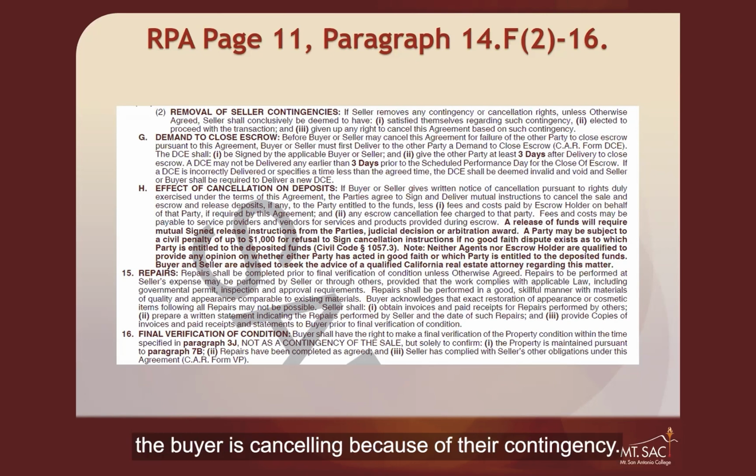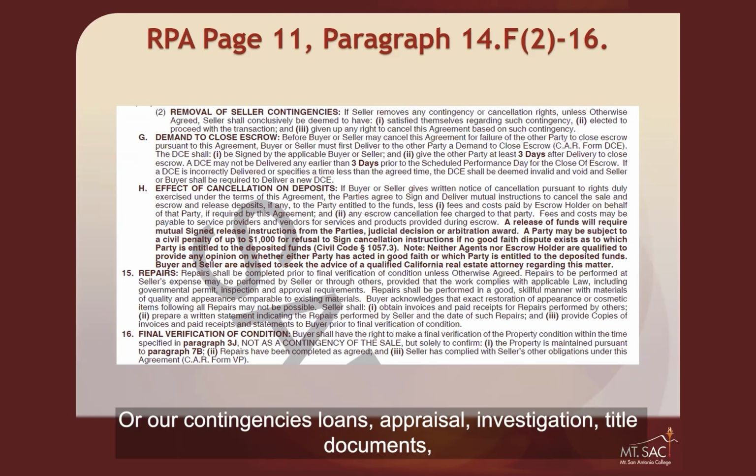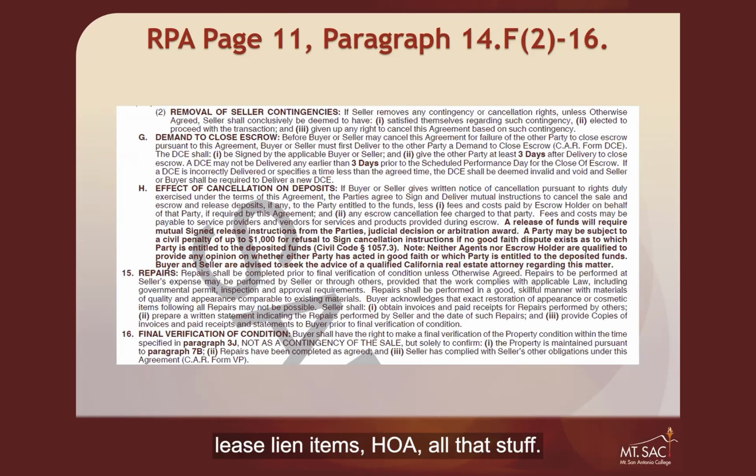if the buyer is canceling because of their contingency. Now, we remember our investigations, right? Or our contingencies: loans, appraisal, investigation, title documents, lease, liened items, HOA, all that stuff. The buyer doesn't have to give a reason to cancel, but the reason to cancel needs to be based on it.